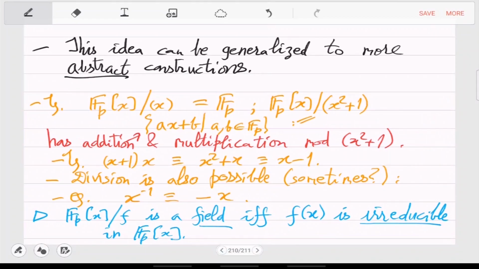So once you understand this, the question you should ask is, do such fields actually exist? Are they actually available in nature for you to use in computer programs? Which means that you have to find irreducible polynomials f(x). Do they exist? Why?